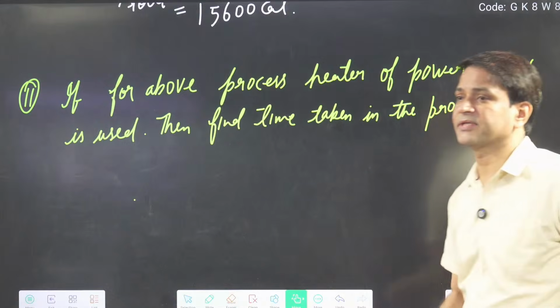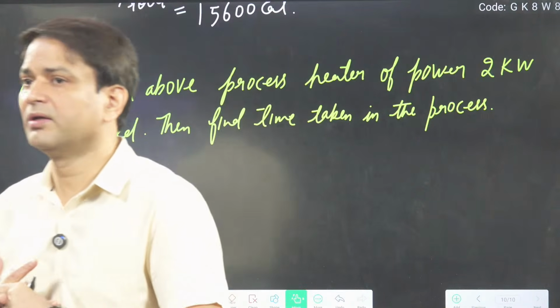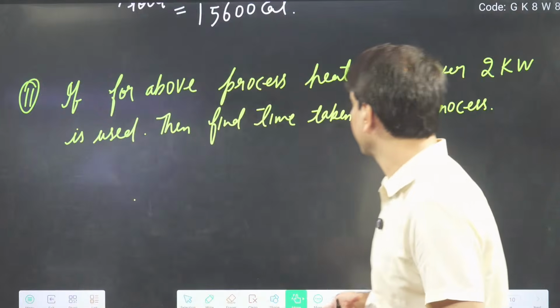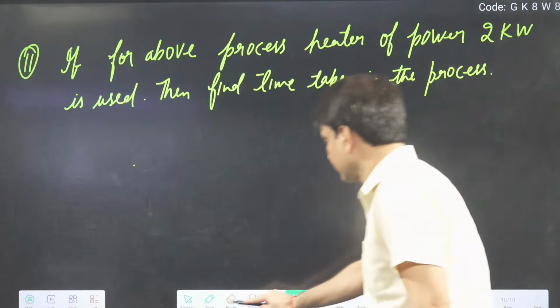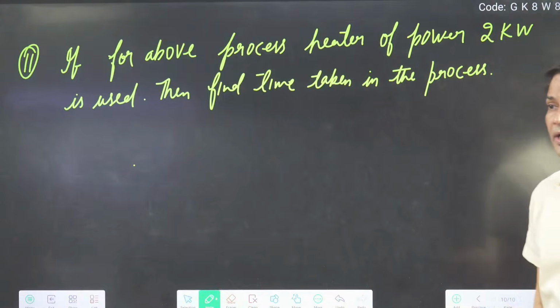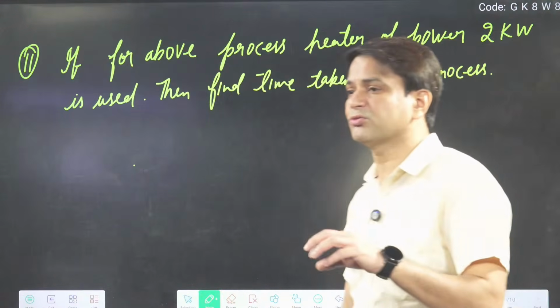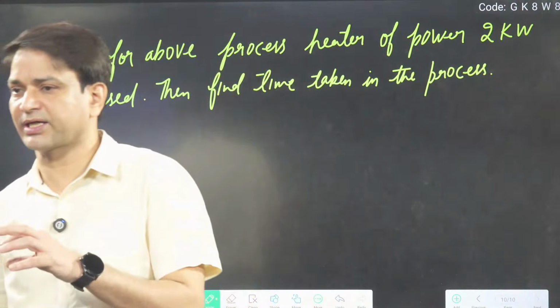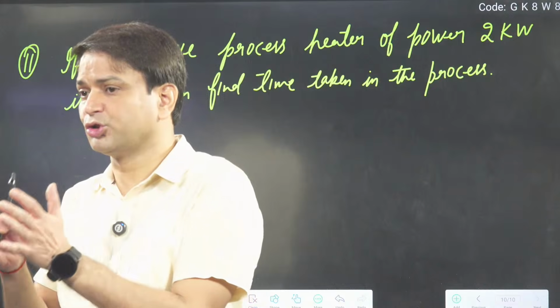Okay, so now here I am saying if for the above process we are using an electric heater of power 2 kilowatt, then how much time is required? Watt means joule per second. Kilo means 1000, so we are using 2000 joule per second.